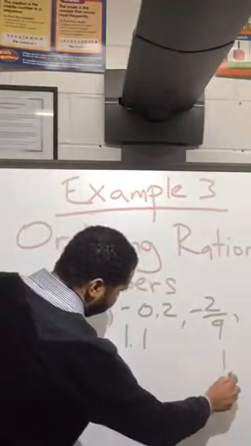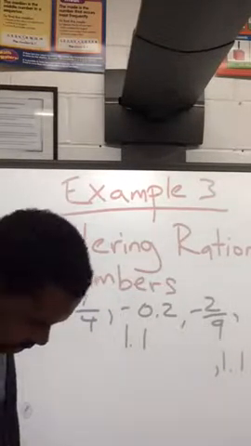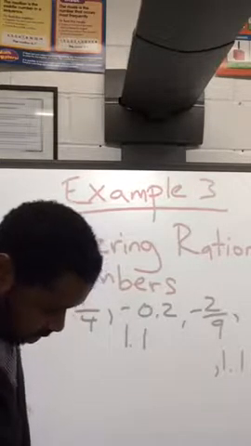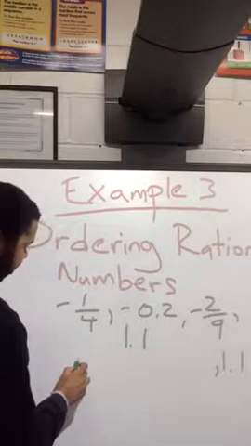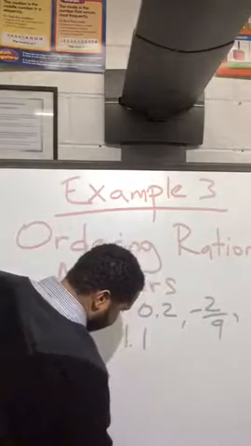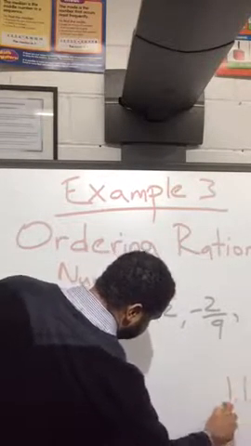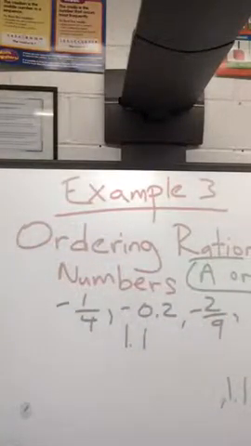We know that 1.1 has to be on the right, which gives us that the option has to be A or C. That we know. Got it?